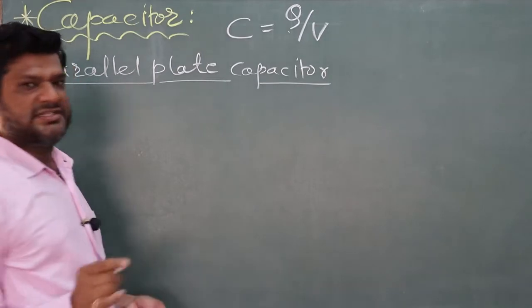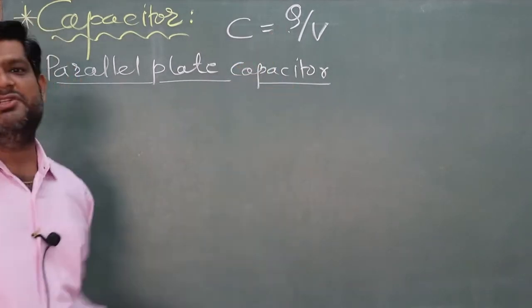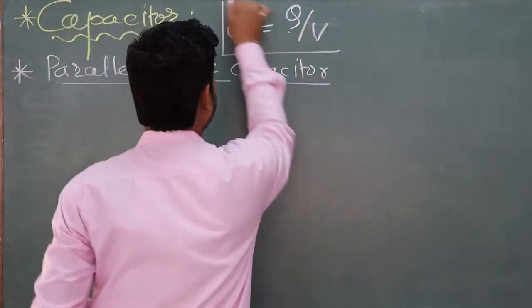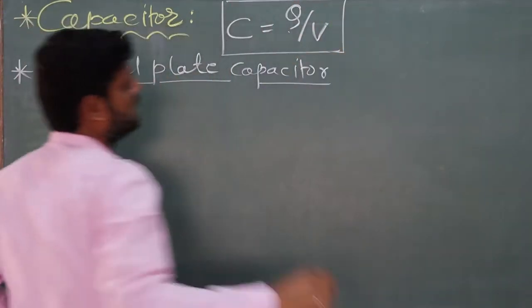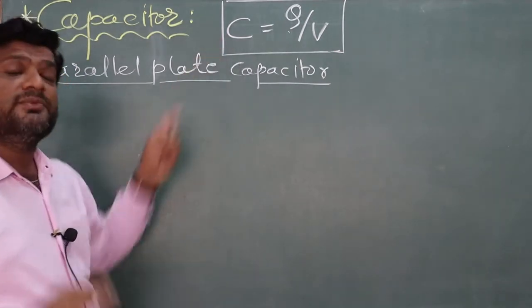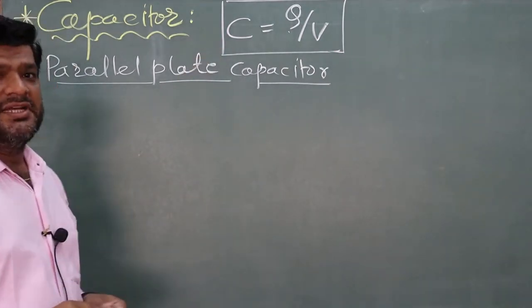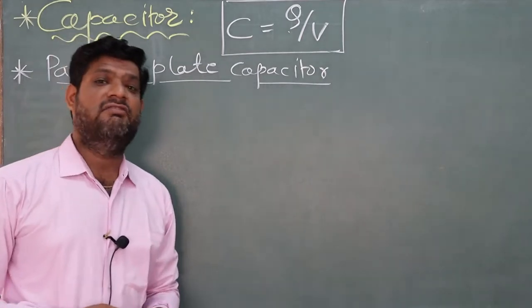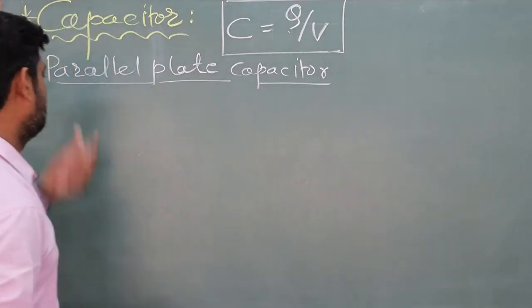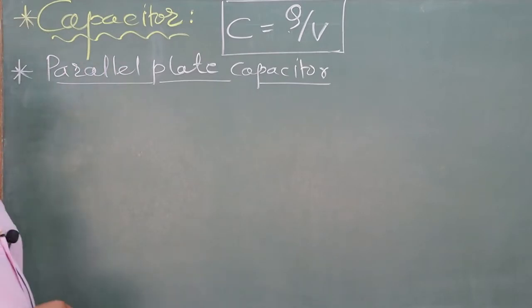C is known as the capacitance, Q is the charge and V is the voltage developed. So this is the very basic definition or basic formula for capacitance. The SI unit of capacitance is farad, F-A-R-A-D, farad.